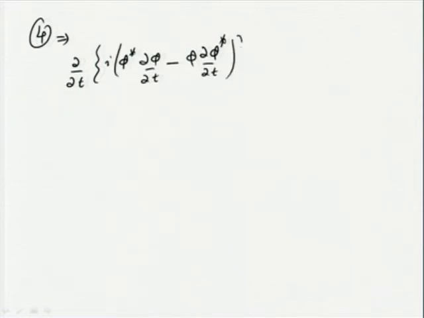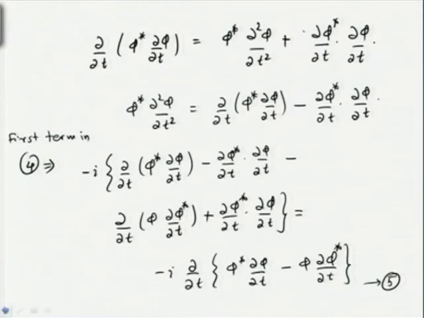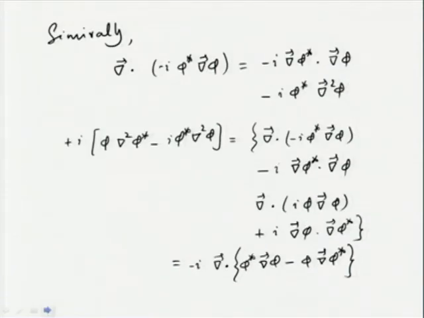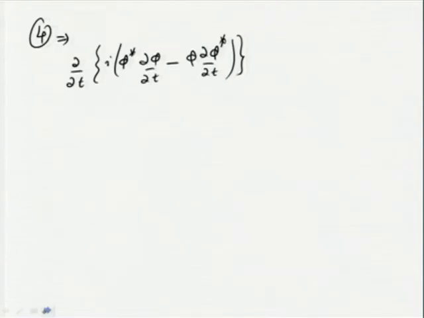Okay. So, this is basically what we have from equation 5 here, and similarly, let me call this equation 6, from 6 we have plus del dot minus i phi star grad phi minus phi grad phi star.